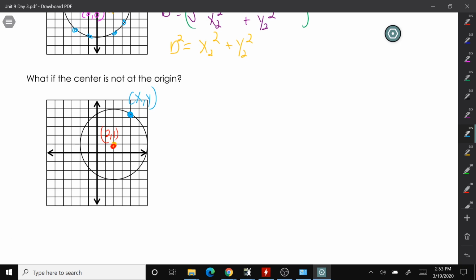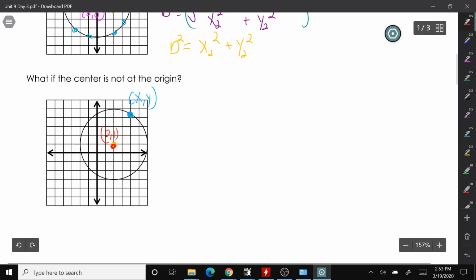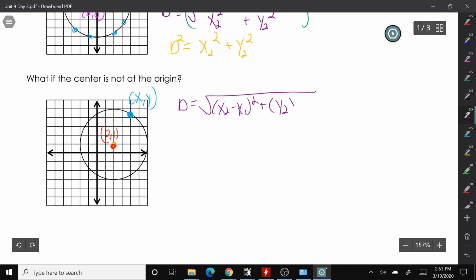We'll do the same thing with the distance formula of x2 minus x1 squared plus y2 minus y1 squared.